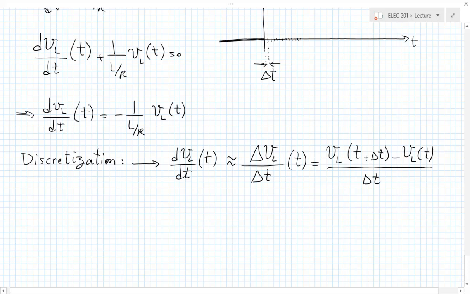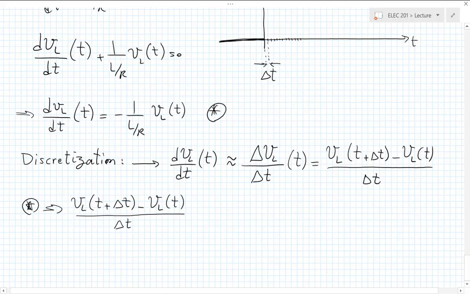So then my equation, let's call this equation star, becomes approximately VL of t plus delta t minus VL of t by delta t equals minus 1 over L by R VL of t.